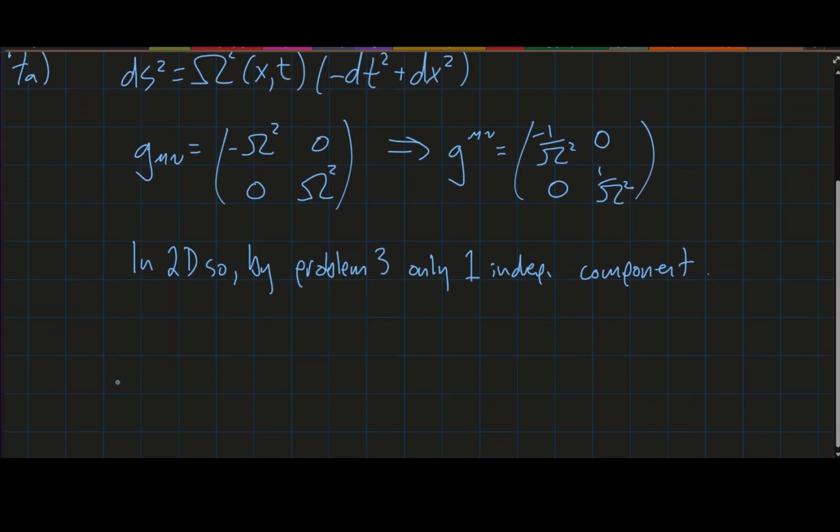So we can pick what we want here. We're just going to take R1212, and everything else essentially follows from this by symmetries.